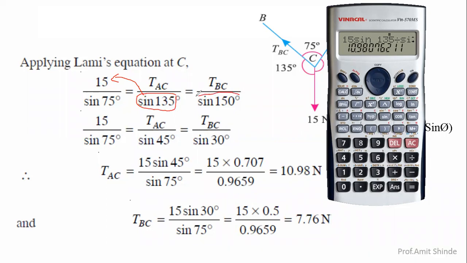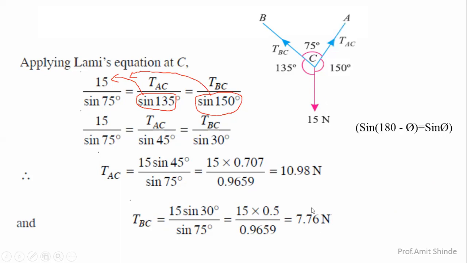Similarly, if we take sine 150 to this side, the same value will be obtained. Now let us check it out. 15 sine 150 divided by sine 75. 7.76. The same value you will get over here.